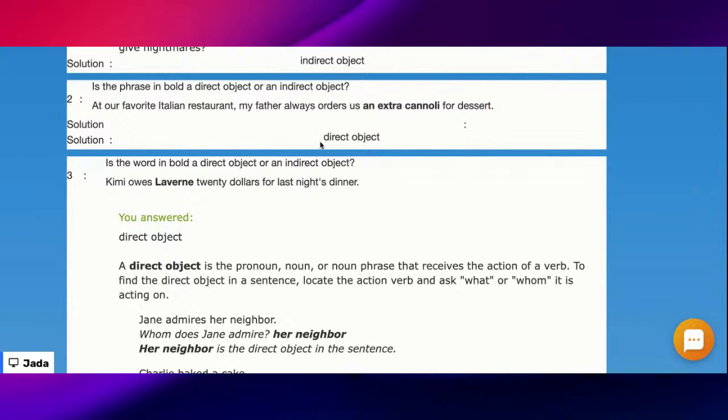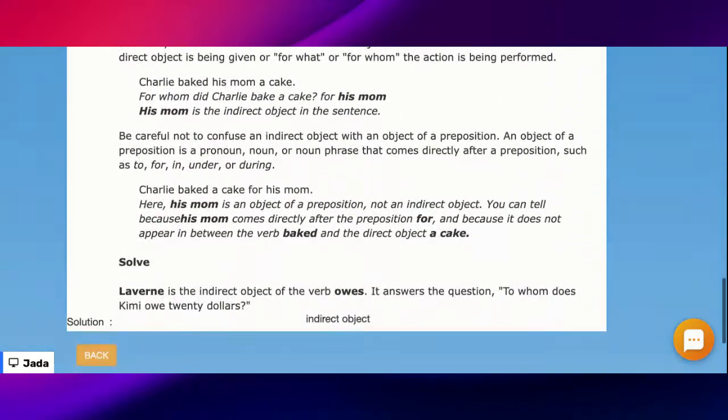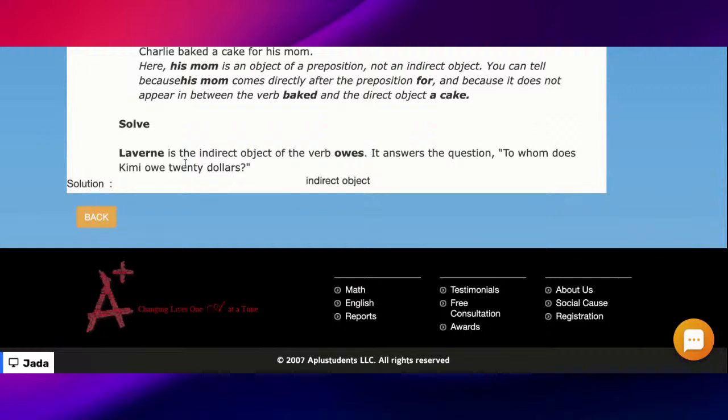So this is a direct object. Kimmy owes Lavender $20 for last night's dinner. So what is this one? This is indirect, because Lavender is the indirect object of the verb owes. It answers the question, to whom does Kimmy owe $20?